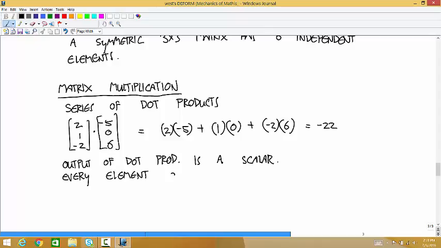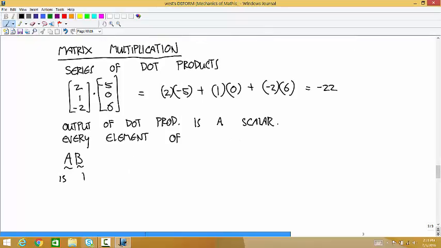So every element of, let me write it as A, B, so that's A multiplied by B, is the dot product of a row of A and a column of B.